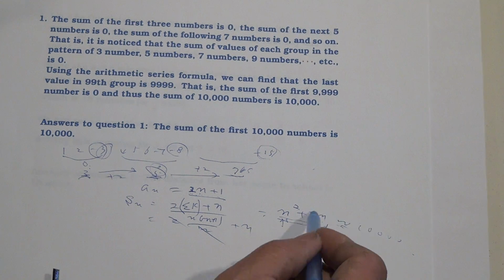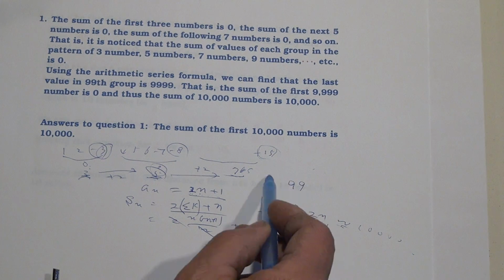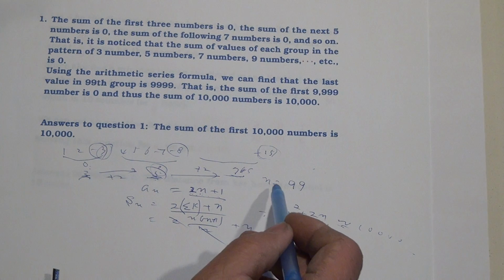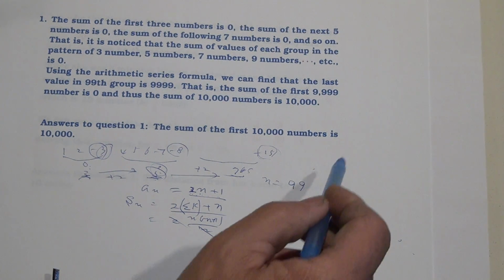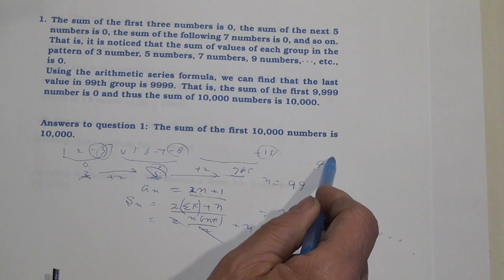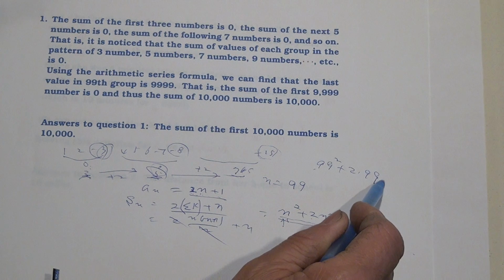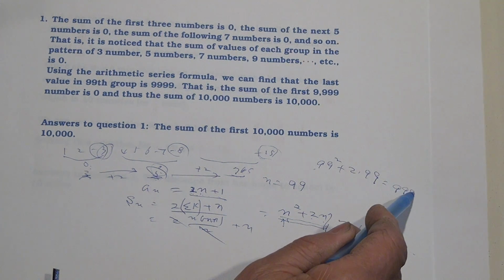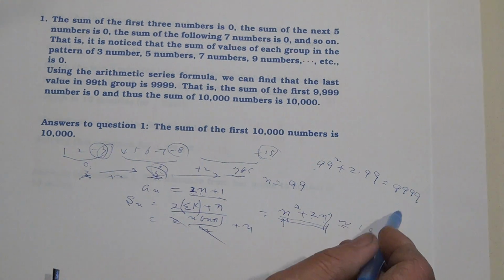So we try one less, with n equal to 99. Then 99 squared plus 2 times 99 is 9,999, which is very close to 10,000.